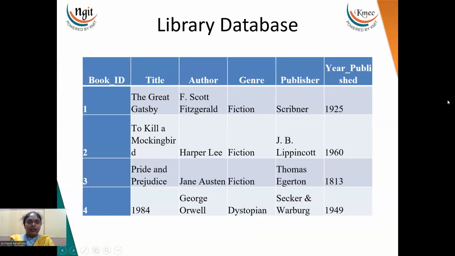Now look at this. For the book ID column, we have single atomic values only. Look at the second column, the title. The title is also a single value only. For the author column, we have a combination of different author names, right? If more than one author value is provided, then we need to break down this table into multiple smaller subtables, or decompose it into smaller subtables.